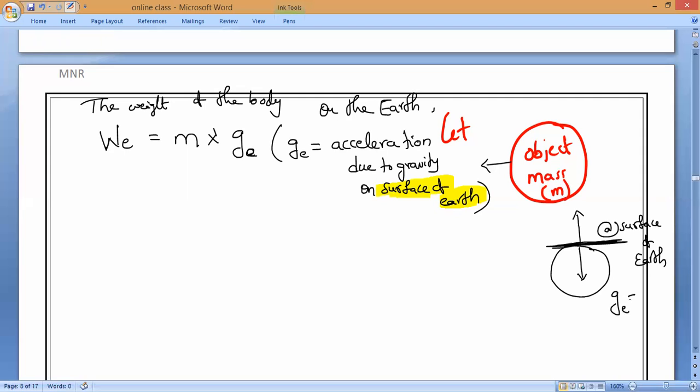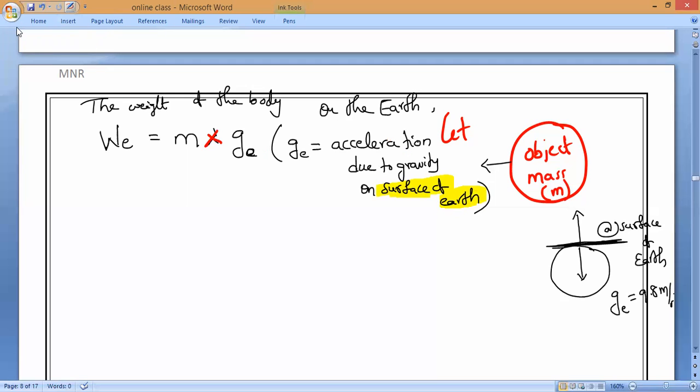Hari, at the surface of the earth, 9.8 meter per second square. That is what we have done. So this is the formula. Weight on earth at the surface is mass of the object into acceleration due to gravity on the surface of earth.